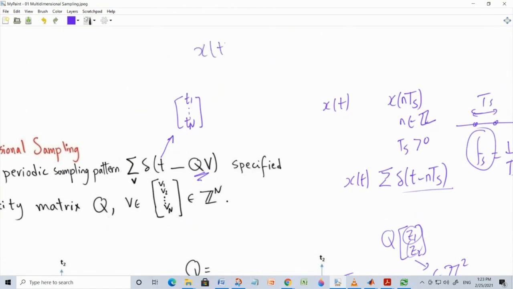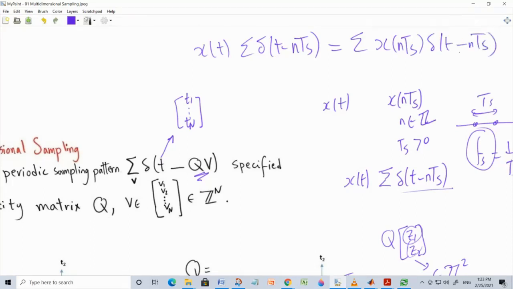So in one dimension, the idea is that you write down this summation of delta of t minus nTs, and then you apply the properties of the Dirac delta and say that this is summation x of nTs delta of t minus nTs. And then the trick is to take the Fourier transform of both sides. And since these are equal mathematically, then the Fourier transforms are equal.